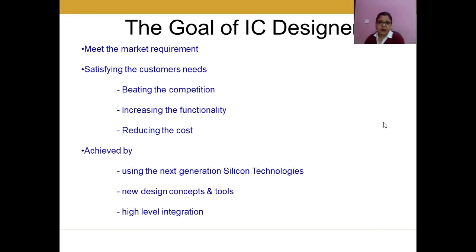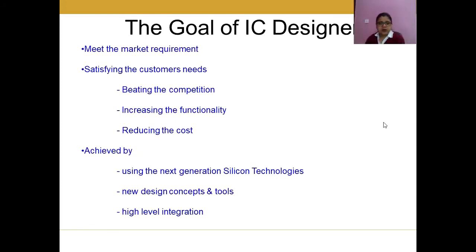This is very important. Whatever the demand is, the supply will be specific to that only. Then satisfying the customer needs. This is again a big concern: what the customers need, and what feedback the previous device or system is getting. On the basis of that, modifications are carried out.